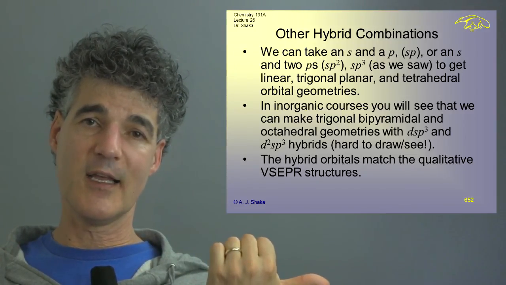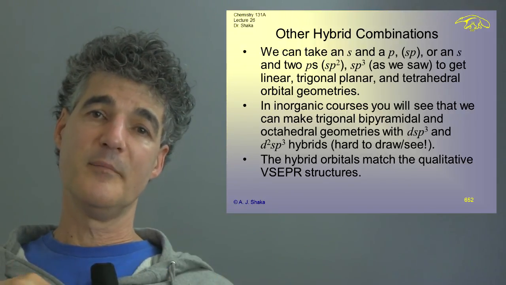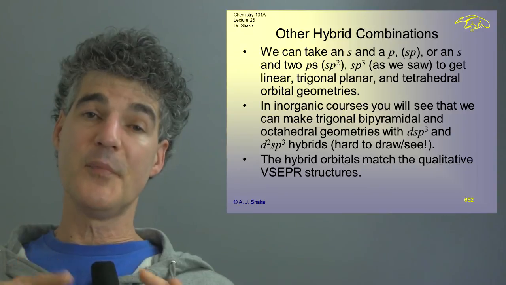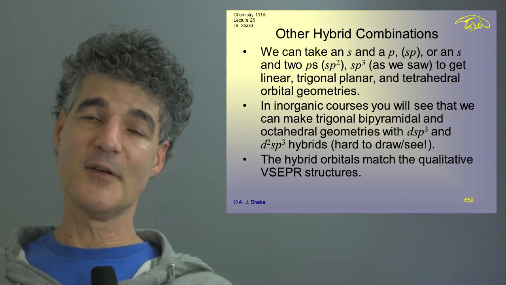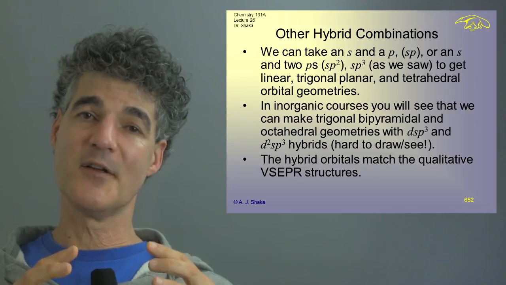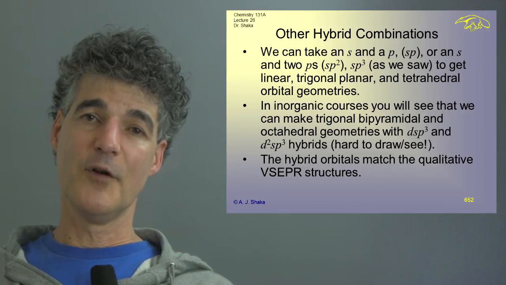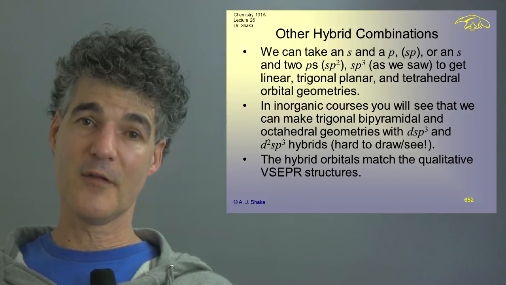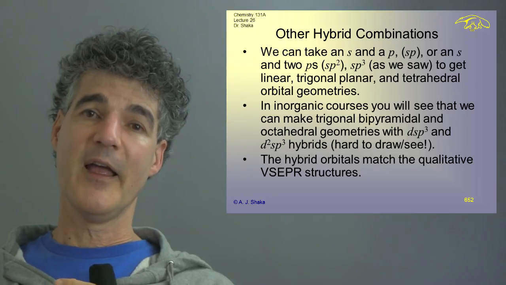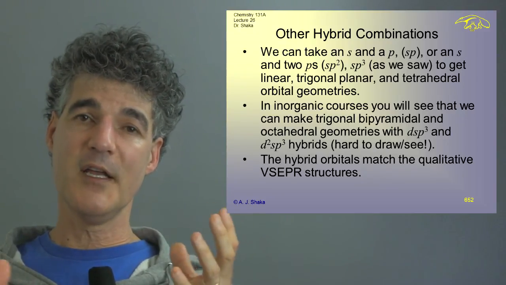That's like acetylene, for example. If I have 2 P's and an S, 2 P's is a plane, so it's going to be planar. The S has no direction. So sp2 hybridized would be at 120 degrees when you work out the 3 combinations, and planar. sp3 is tetrahedral.